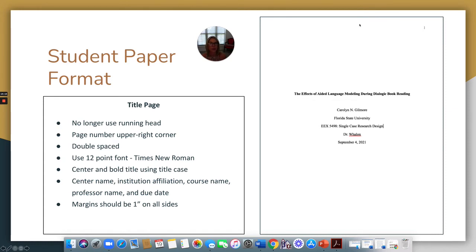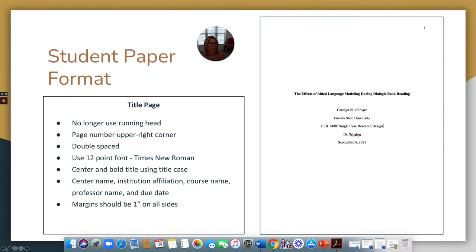That is still going to be used in a professional paper. And so on your title page, what you're going to see now is you're going to have that page number in the upper right corner, and you use that through your headings settings. And then you do boldface your title, and it's centered on your title page.